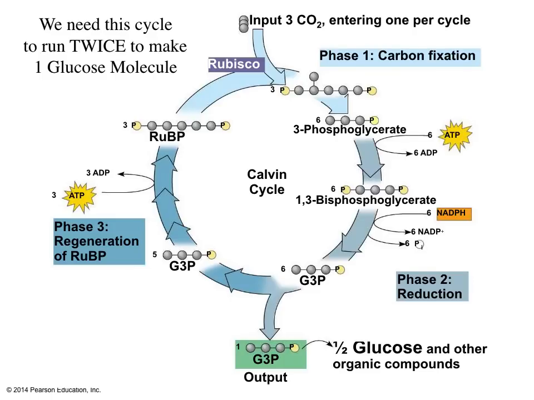Everything is accounted for. But now, one of those G3Ps exits the Calvin cycle. And therefore, as you continue through the cycle, you now only have 5 G3Ps. That's only 15. But 15 plus 3 makes 18. So everything is accounted for.